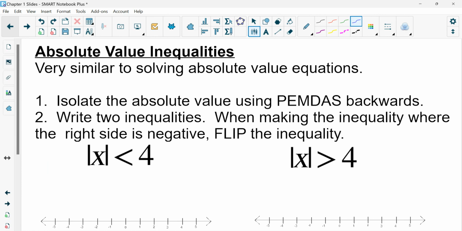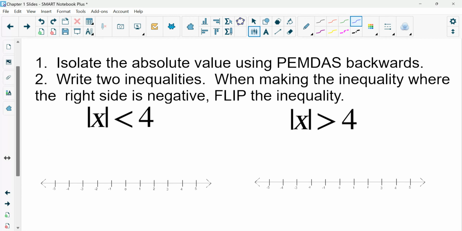And then we have two pretty basic examples here. So when we have the absolute value is less than 4, that means it would be less than 4 units on either side. Again, remember, absolute value means distance from 0. So I could be 4 units to the right and 4 units to the left.